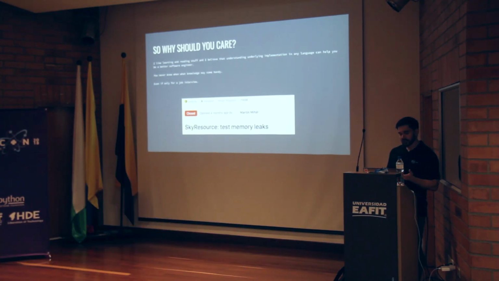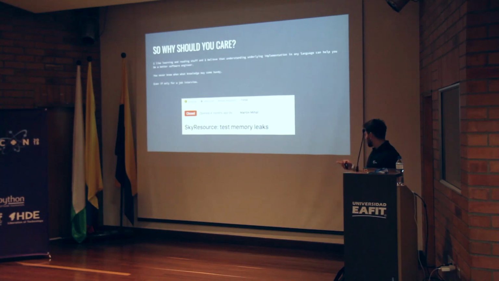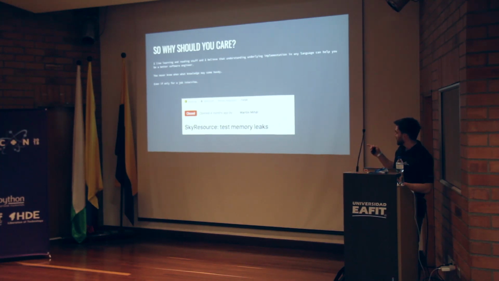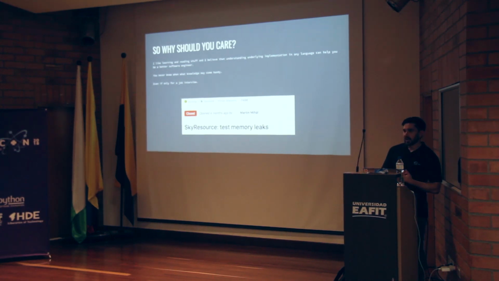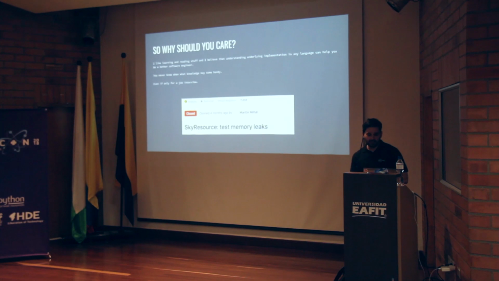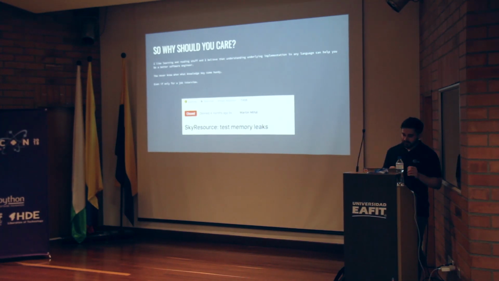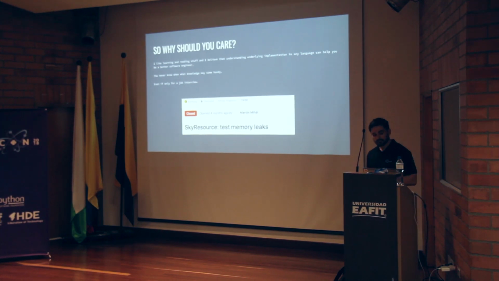Another reason is a GitLab issue in our repository. There was this guy who was trying to search for memory leaks in code, and he was not doing it right, and he had a really bad idea about how memory management works in Python.